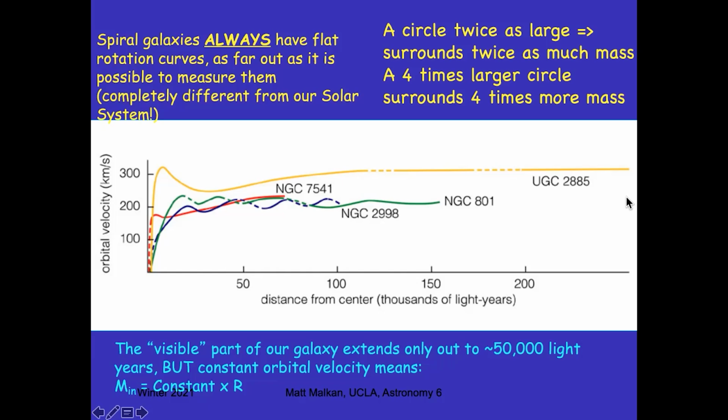The best money bet, but it's not been proven at all, is some kind of particle that really doesn't make light, that has only weak interactions. Something like maybe a neutrino, although that is a dark matter particle, it's been ruled out. It's not the explanation.